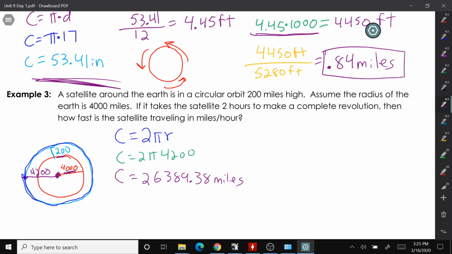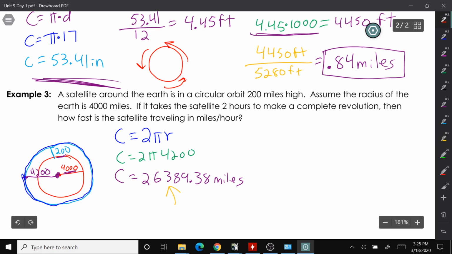So in one revolution, that is how far the satellite moves. It moves 26,389.38 miles. So the question is asking, if it takes the satellite 2 hours to complete this revolution, so it takes 2 hours to make that full circle around the globe, then how fast is the satellite moving in miles per hour?